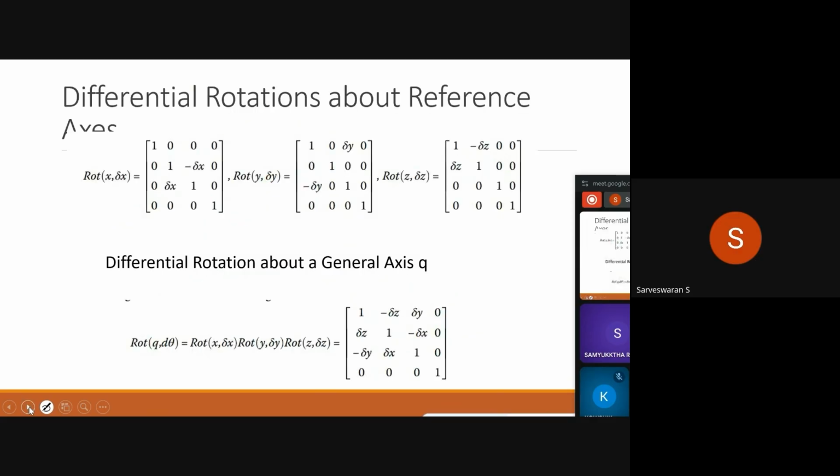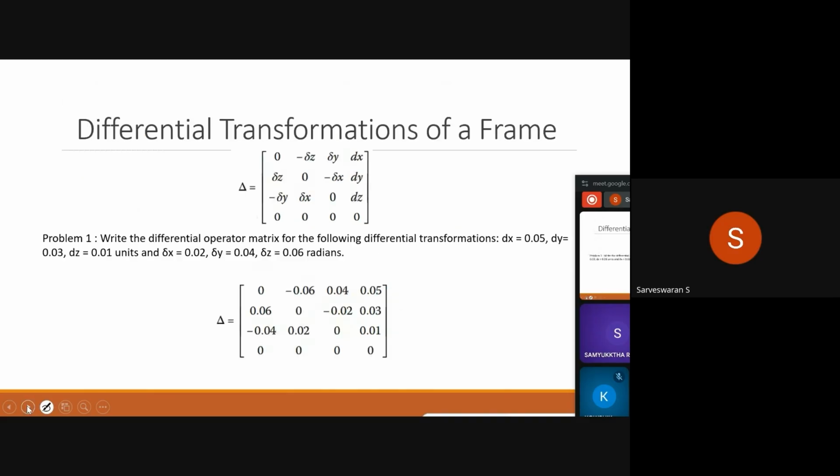We have a few rotational matrices similar to the transformation matrix which was seen in the forward and inverse kinematics. So the differential motion is provided by del x, when we are trying to rotate my robot end effector about an x-axis. This is the matrix we will be solving, and the final matrix is your differential operator.